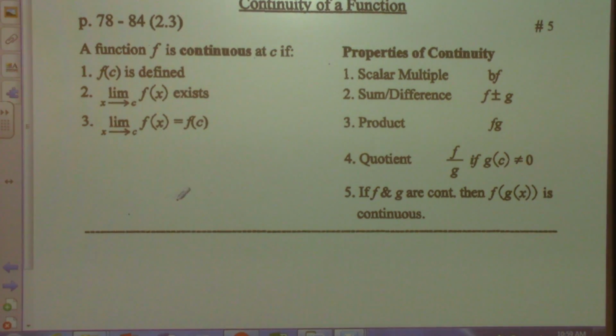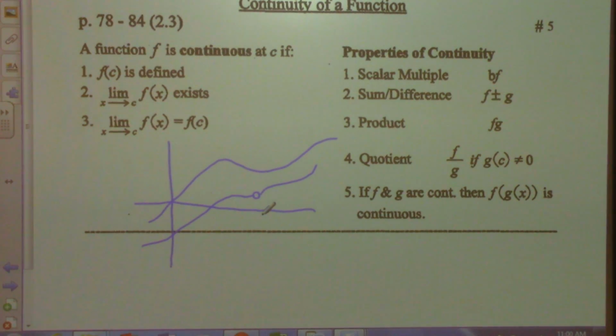Now, graphically, what that looks like is this. Continuity looks like when you can draw something without lifting a pencil up, that is continuity. If you see something like this, where there's a limit, but there's a break, is there continuity here?